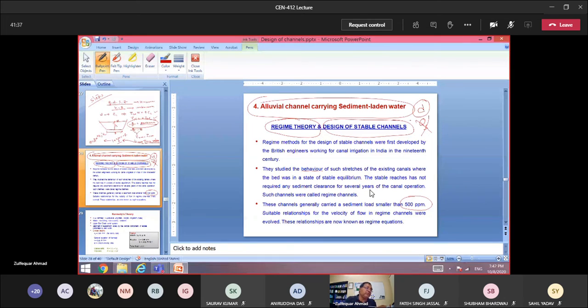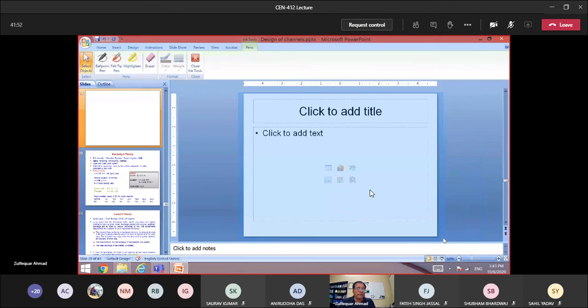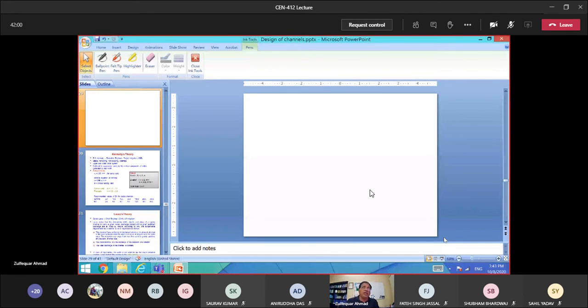But what is the regime theory, right? This is the important part, okay. And we have to first talk about this regime theory. What actually does this regime theory mean, right? The basic concept of the regime theory is, whether we are talking about Kennedy or Lacey, right? Okay. So Lacey, Kennedy, as I told you, Kennedy was the executive engineer in the Punjab irrigation sometime in 1895, right?